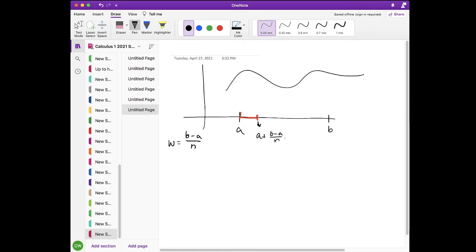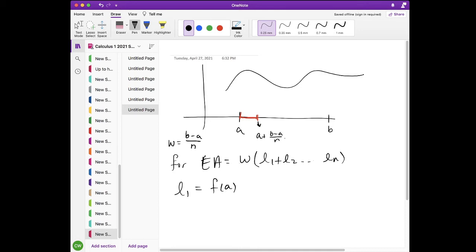So how do we define the left rectangle approximation? The estimated area is W times L1, L2, up to Ln. L1 is going to be defined as f of a.